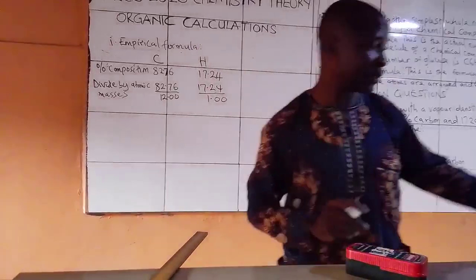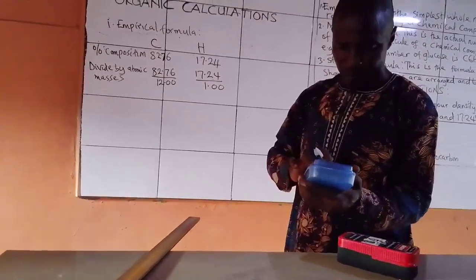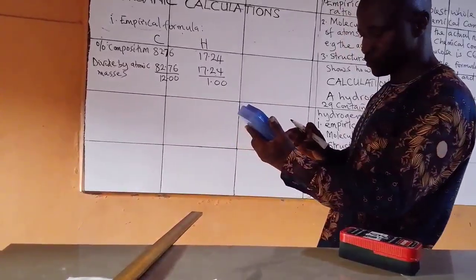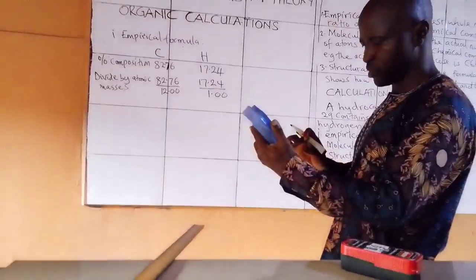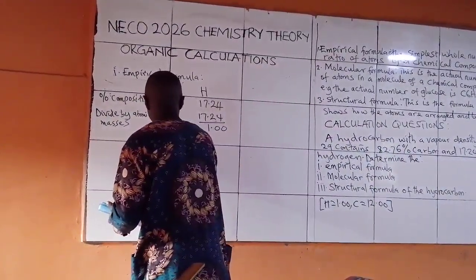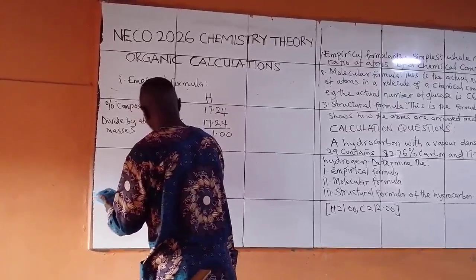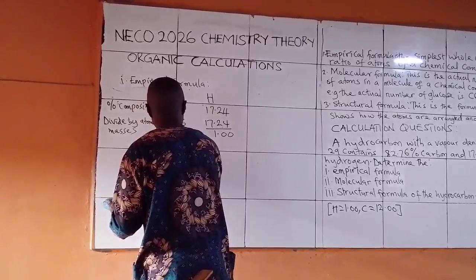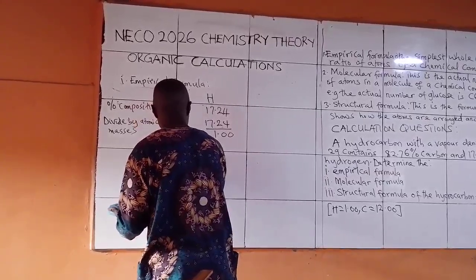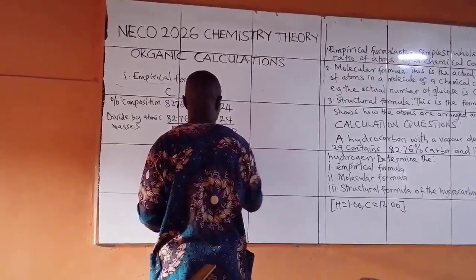Now we use our calculator. 82.76 divided by 12.00 is equal to 6.8967, and for hydrogen we have 17.24.